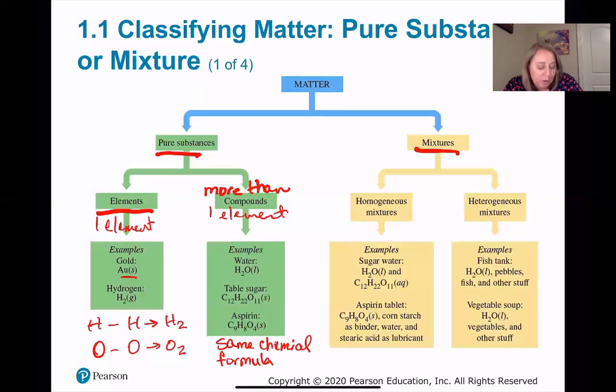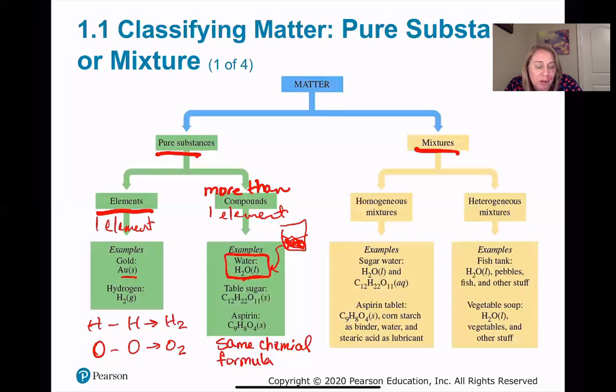No matter where you go in the world, if you say water, water is always represented as H2O. 2 hydrogen atoms, 1 oxygen atom. That is the same formula. So if you have a big glass of water, right? All of this water is exactly the same. All of this water is H2O.